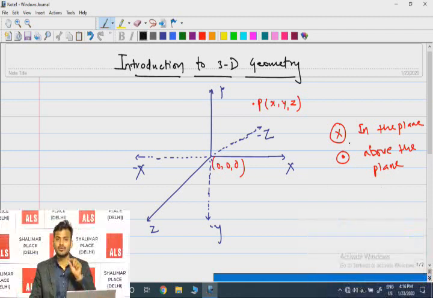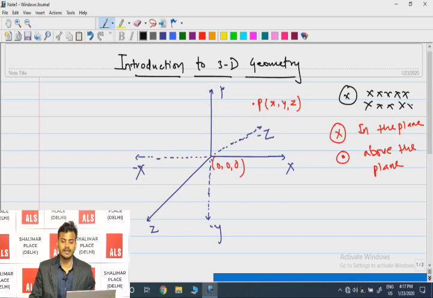This direction, whenever I do this cross, in mathematics or physics, this is really very helpful. There are some chapters in physics, not in mathematics, like electromagnetic effects, electromagnetic induction, right? When you will be doing all these chapters, you will get symbols like this. This is the direction of the electrical field or magnetic field, like this, dots and crosses.